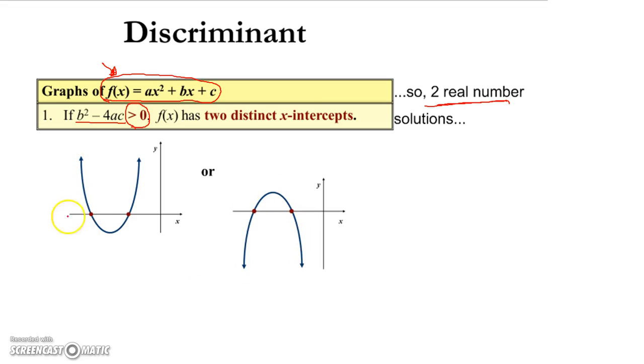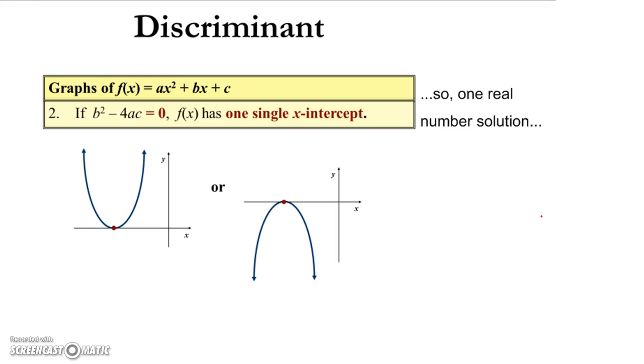So they're either this U shape that opens upwards, or this upside down U that faces downwards. If the discriminant is greater than 0, it crosses the x-axis two times. Those are x-intercepts. And if the discriminant is equal to 0, you're going to have one x-intercept, meaning that it touches the x-axis at its minimum or maximum point, one real number solution.